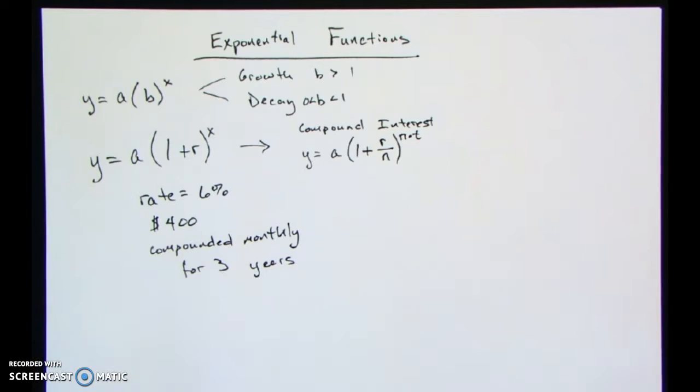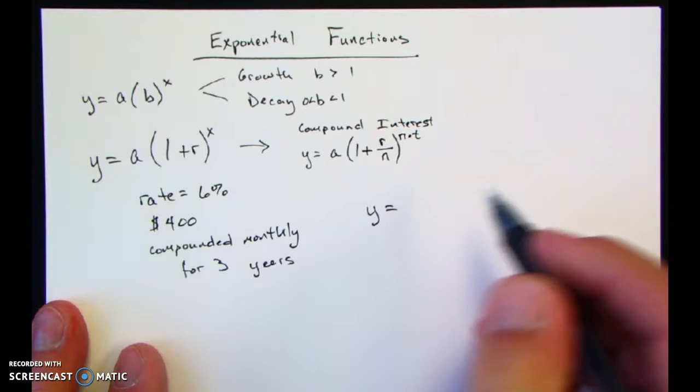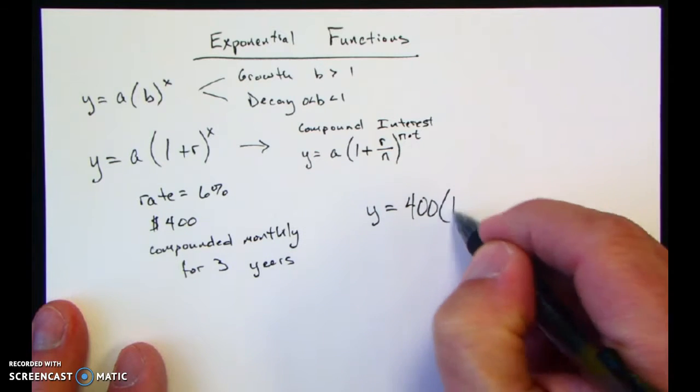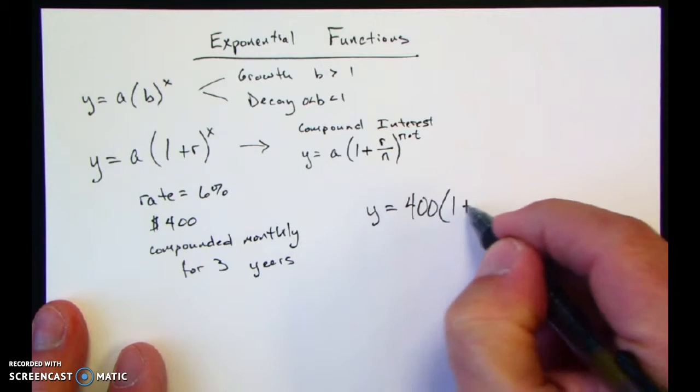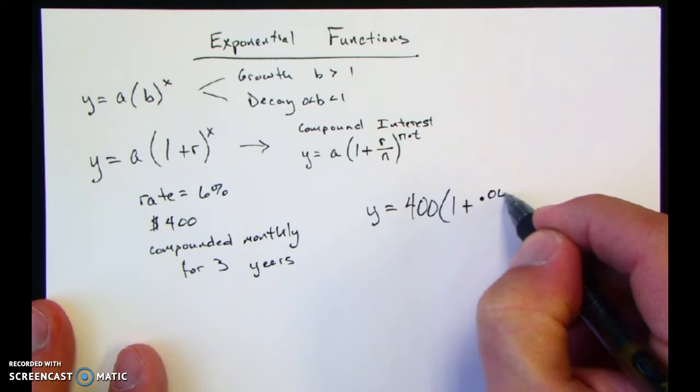So then as far as finding out what that total amount would be when we're setting this up, we're starting off with $400. And then we have our rate of 6%. And so we'd write that as a decimal. That's going to be 0.06.